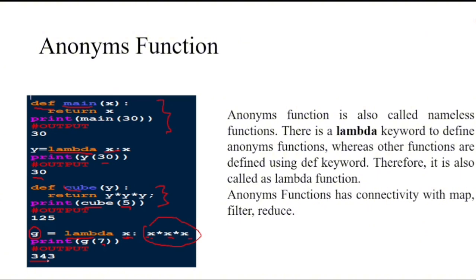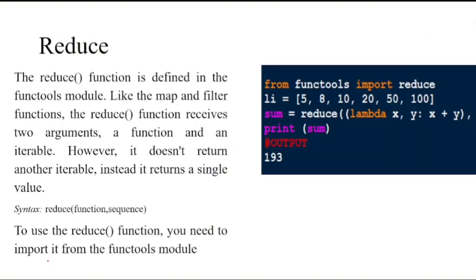And then we have reduce. The reduce function is defined in the functools module. So when you want to use reduce, you need to import this functools module. Like the map and filter functions, the reduce function receives two arguments, a function and an iterable.